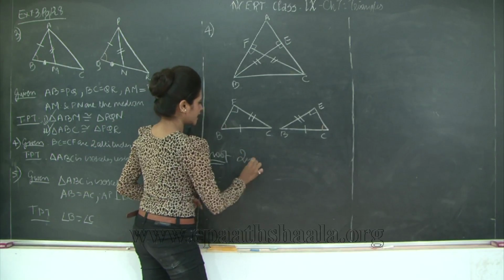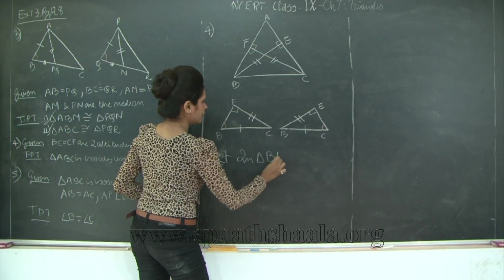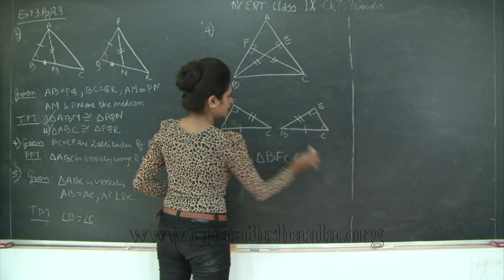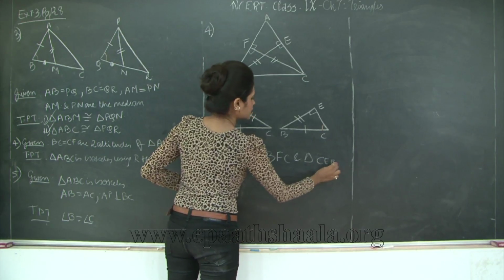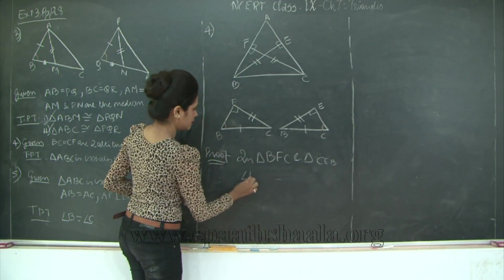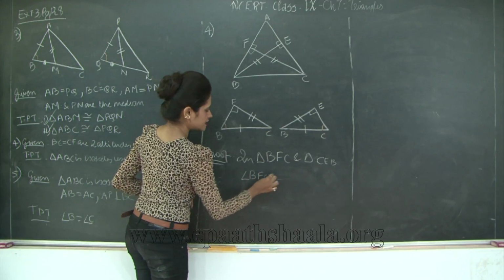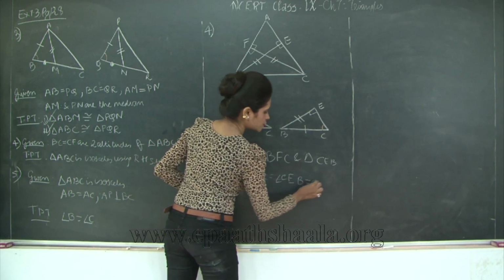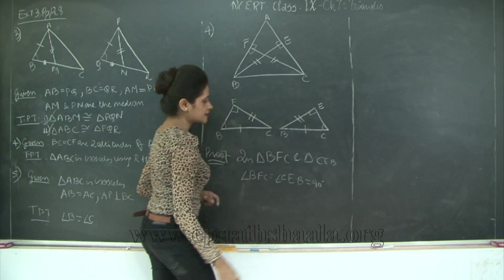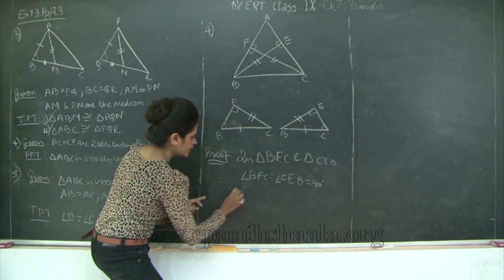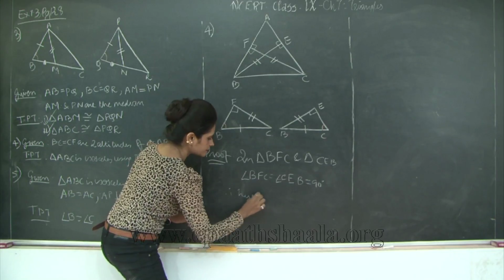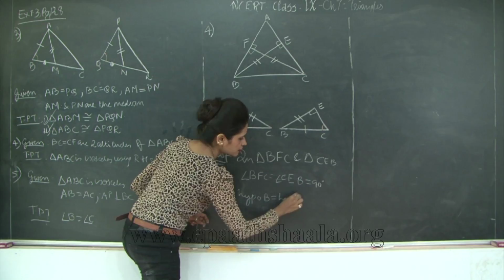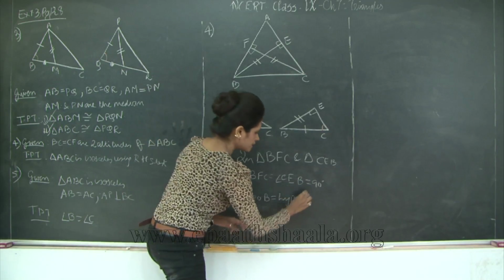So, in my triangle BFC and triangle CEB, what do I have? Angle BFC is equal to angle CEB. Each is equal to 90 degrees because they are the altitudes, correct. Therefore, hypotenuse BC is equal to hypotenuse CB.